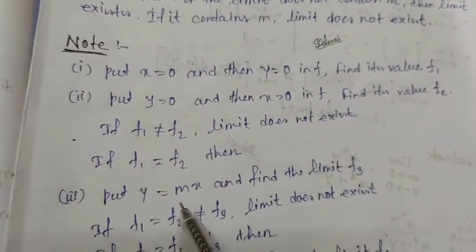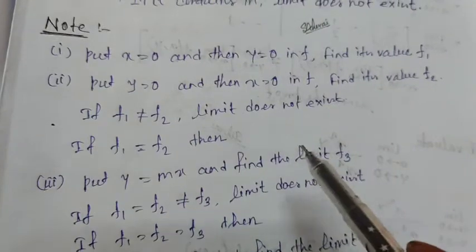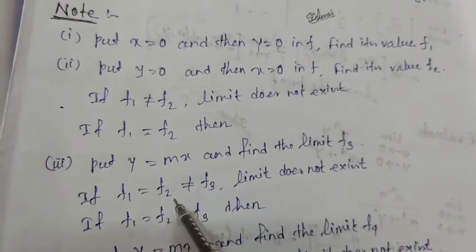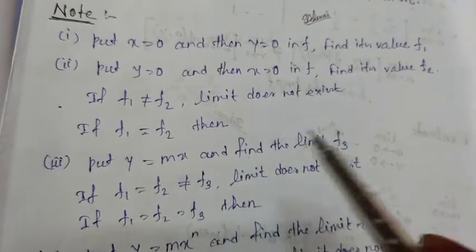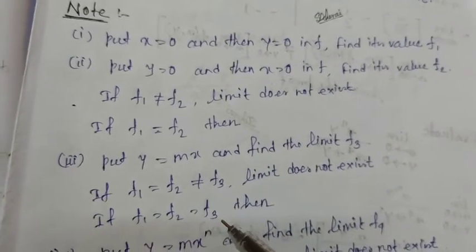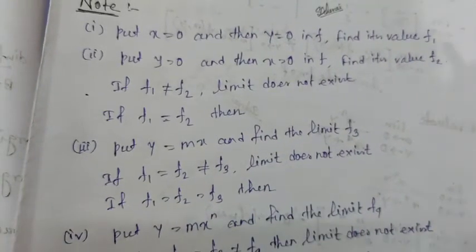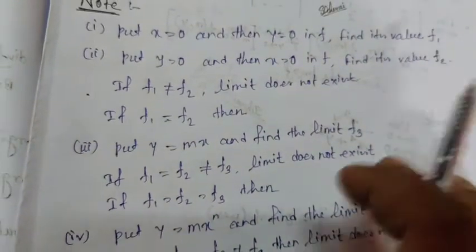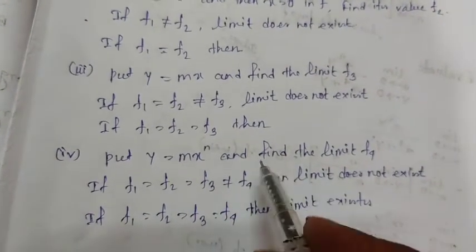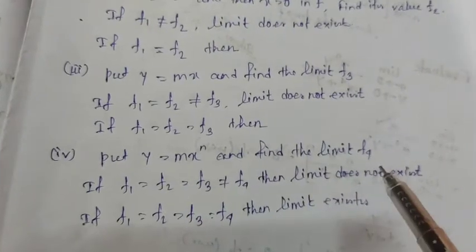Then we have to put y is equal to mx, and find the limit f3. In that case, if f1 is equal to f2 but not equal to f3, then the limit doesn't exist. And if f1 is equal to f2 is equal to f3, then we can say the limit exists. Again we have to put the polynomial curve y is equal to mx to the power n, and find the limit f4.